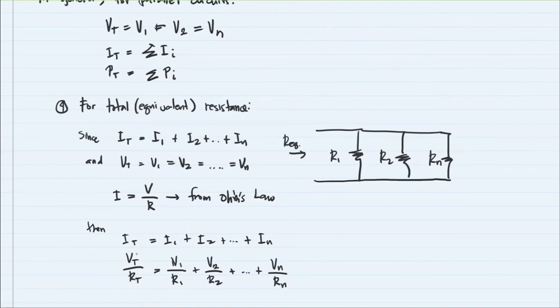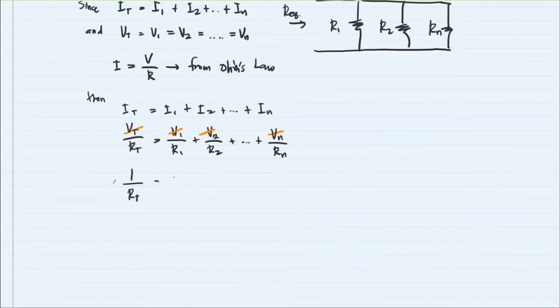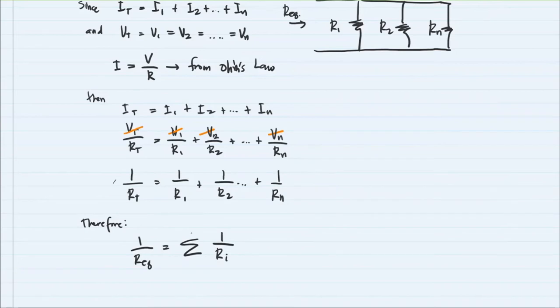Then we can divide out the voltages, and we derive a formula that says 1 over R total is equal to 1 over R1 plus 1 over R2 plus 1 over Rn. So this will be our general formula for parallel circuits in terms of resistances. Therefore, R equivalent is simply the reciprocal of the sum of the reciprocals of the individual resistances connected in parallel.